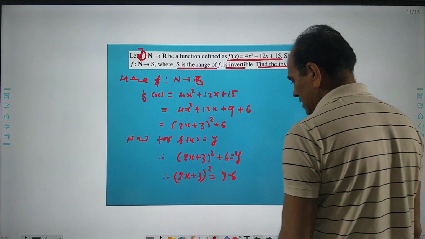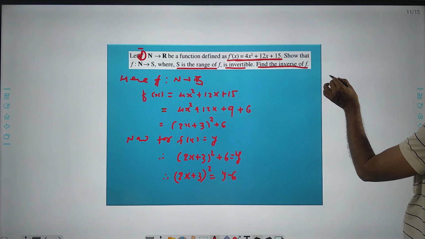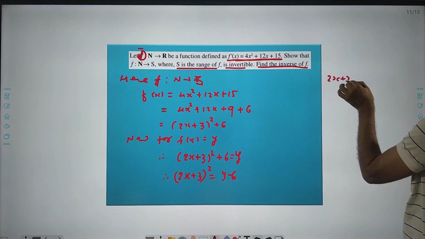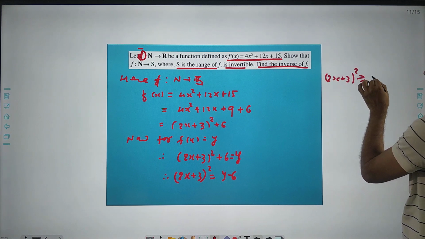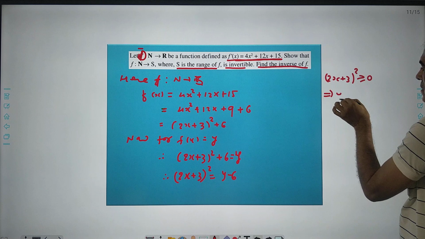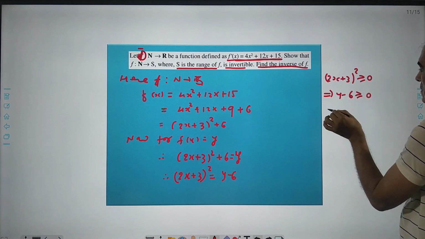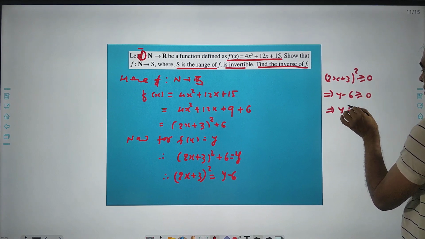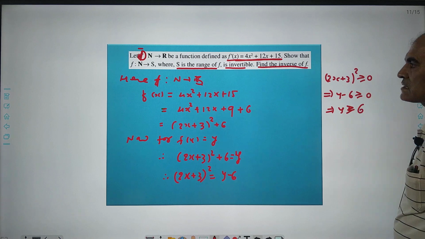Clear? Now see here. (2x + 3) whole square is greater than or equal to 0, implies y minus 6 is greater than or equal to 0, implies y is greater than or equal to 6.